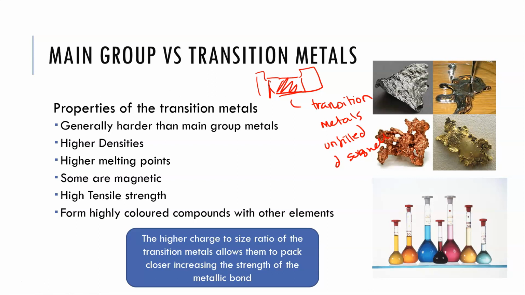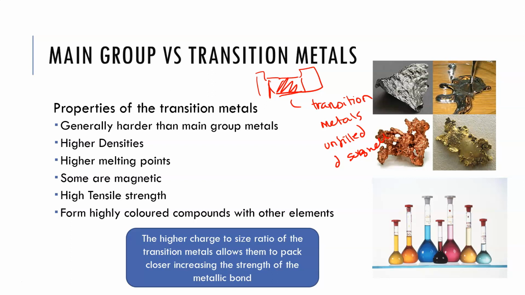They tend to generally be harder than main group metals, the main group being group 1, 2, and 3. And they tend to have higher densities and melting points. Some exhibit magnetic properties, and they have high tensile strength, so they can be drawn out into wires and various other applications like that.